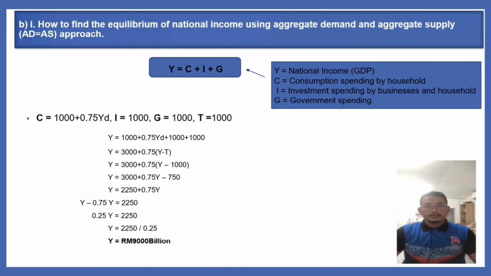To find the equilibrium for the AD equal to AS approach, we will use Y equals C plus I plus G. After the calculation, we will get the equilibrium at RM900 billion.